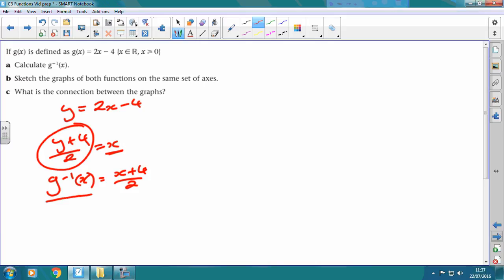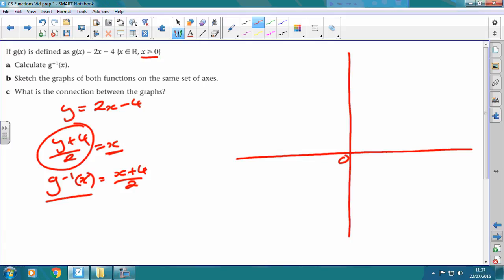Now it says sketch the graphs of both functions on the same axis. So here it says that the domain is x is greater than or equal to 0. So if we do the first one, when x is 0, y equals minus 4. And when x is 2, y equals 0.